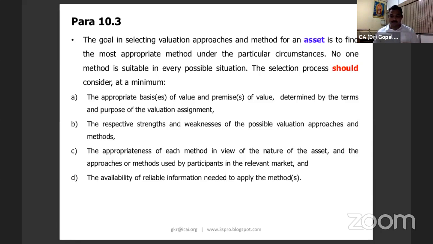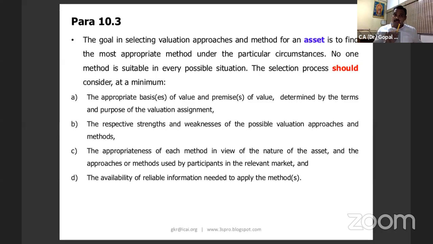That is 30.1 C and 30.1 D. There also they say the method applied in the report must convey at a minimum. So both the approaches and methods must be, not should, must. Para number 30.1 of IVS 103 uses the word must. So please be careful with this.